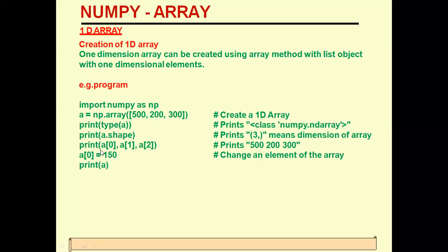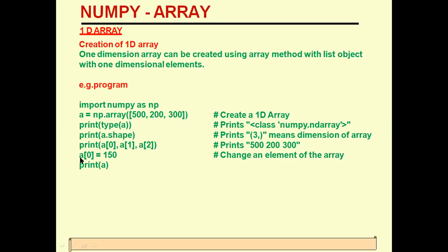And print A0. 0 means it will display the first index value, A1 the second index value, A2 the third index value. We have 500 at the 0th position, 200 at the first position, 300 at the second position. So these values will be printed with the index.